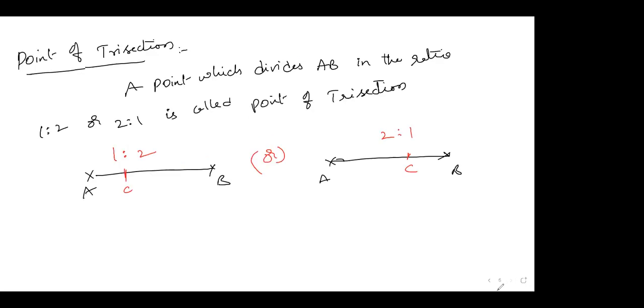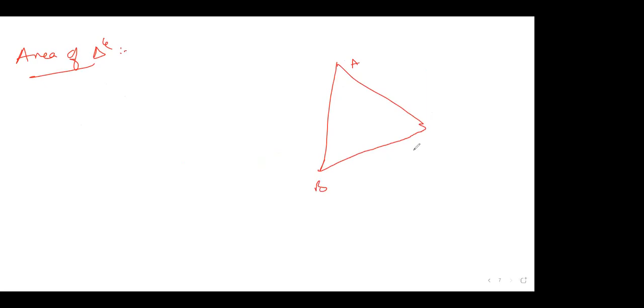So these are the things you studied in class 10. That's why I'm going a bit fast. Now the next one: area of triangle. There is one triangle, capital ABC, with A (x1, y1), B (x2, y2), C (x3, y3).